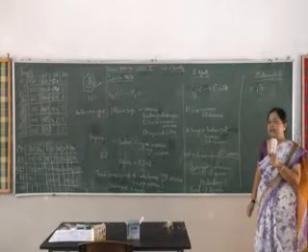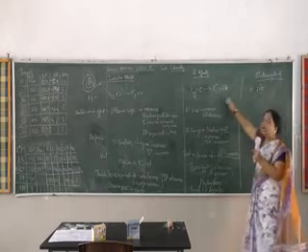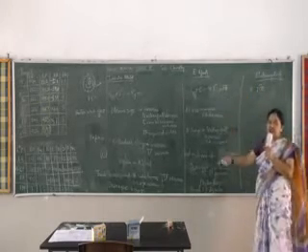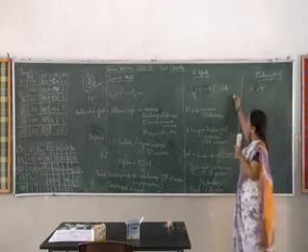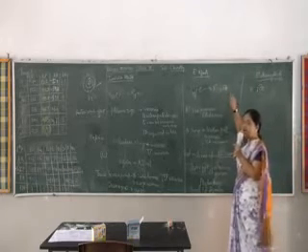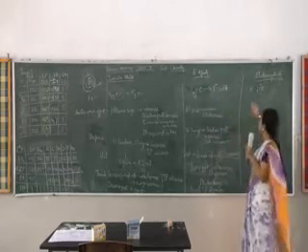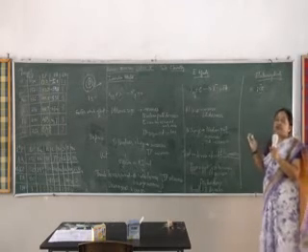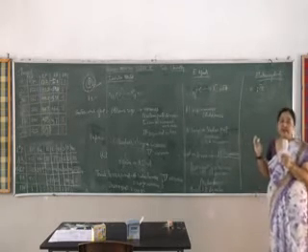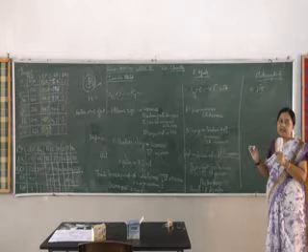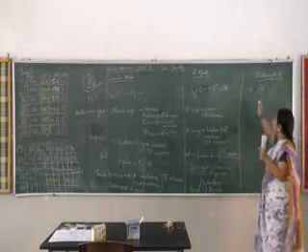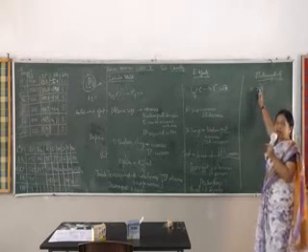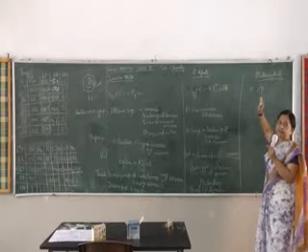But the difference is that in electron affinity, the extra electron enters the last shell, while here it is just a shifting of electrons towards the more electronegative atom. It is not completely transferred. It is a shifting of a shared pair of electrons towards the more electronegative atom.